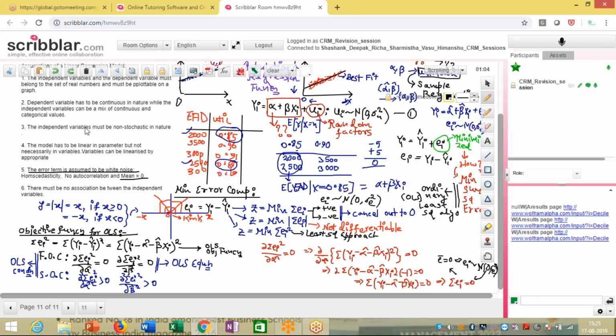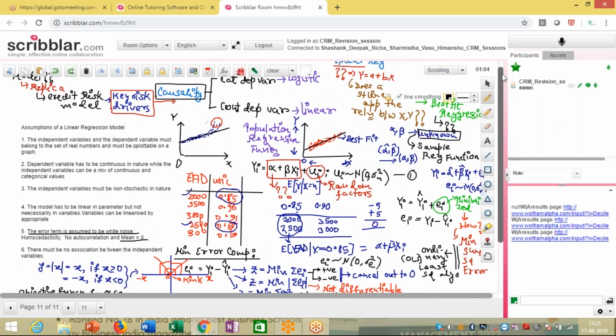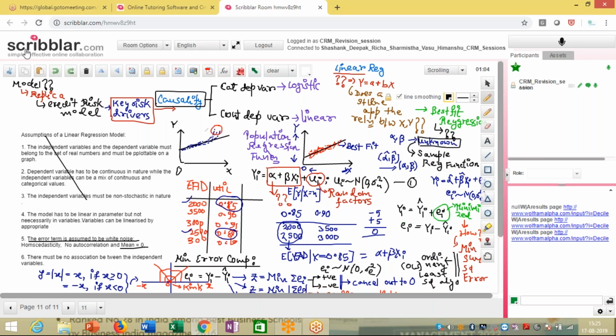Okay, so I will just go back over here. While I say that independent variables must be non-stochastic in nature, there should be one more point: they must not be correlated to the error terms as well.